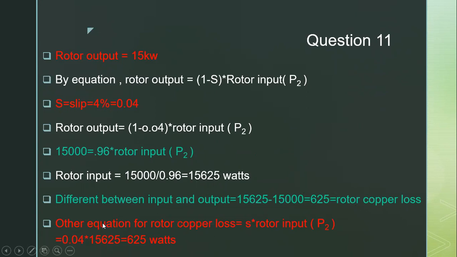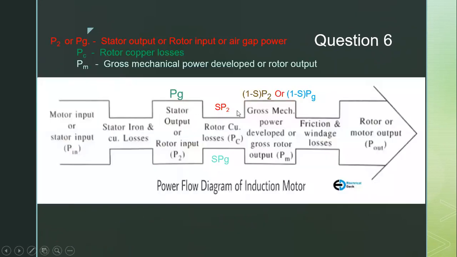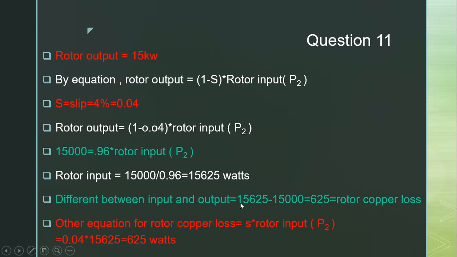There is another equation you have already studied from the power flow diagram. What is the equation for the rotor copper loss? S into P2, that is slip into rotor input.